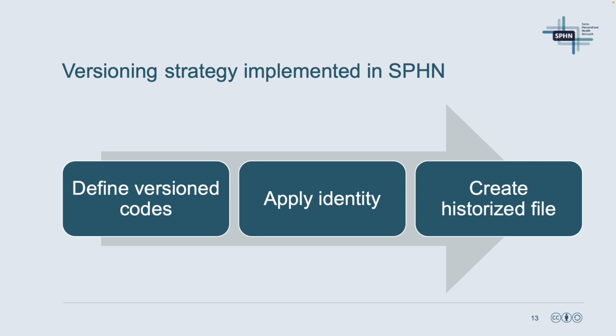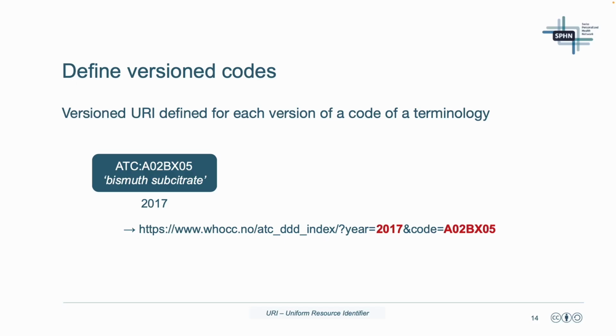This initial analysis guided and led us to the first implementation of our versioning strategy. This implementation can be detangled into 3 main steps, where we first define version codes for these terminologies. Then we apply an identity check, and finally we create a historized file, which is the main outcome of this study and useful for the SPHN stakeholders. First, we define for each code from each version of a terminology a versioned URI.